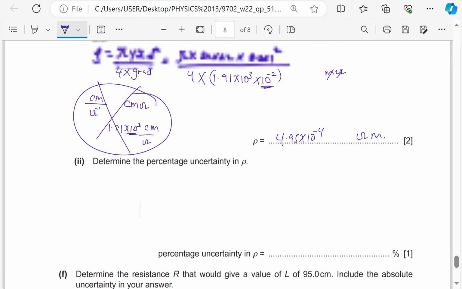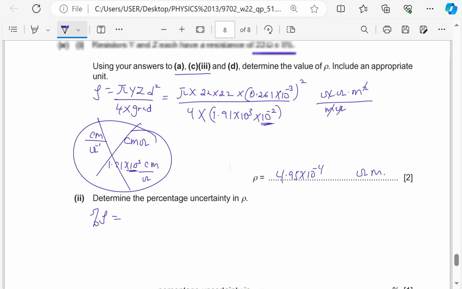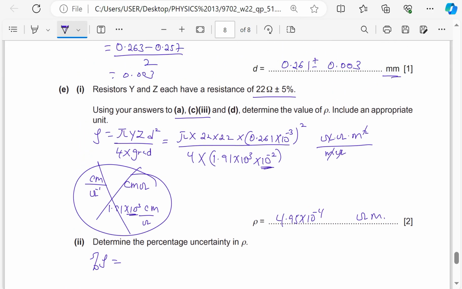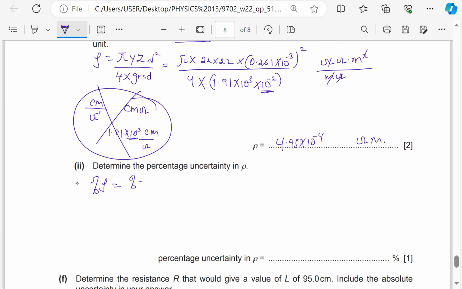Then determine the percentage uncertainty in the gradient. Of course, there I don't need to change anything. So percentage uncertainty in rho. We just look for those quantities with uncertainties. Pi and 4, we shall ignore them. We have d, y, z, so it will be percentage in y plus percentage in z plus twice the percentage in d, because this is squared, plus percentage in the gradient.